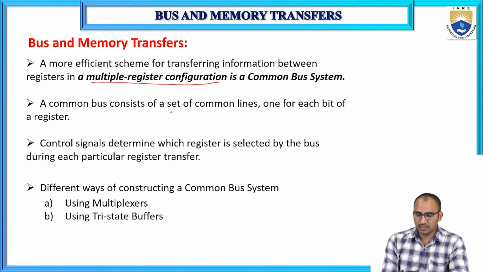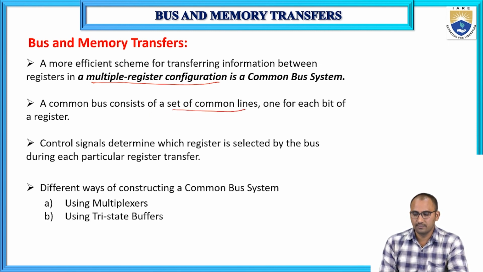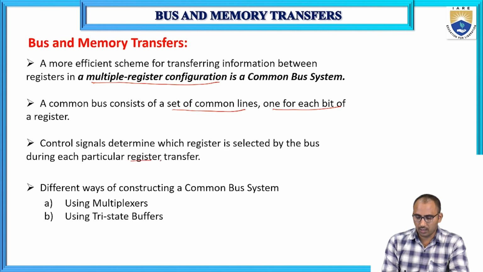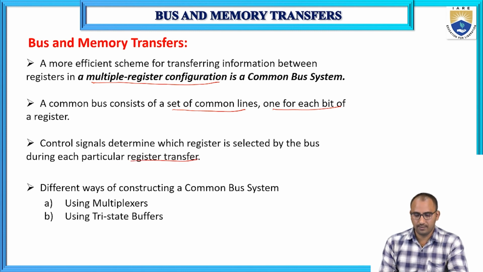A common bus consists of a set of common lines, one for each bit of the register. We are using a common set of lines for every bit of the register. The control signals determine which register is selected by the bus during each particular register transfer.